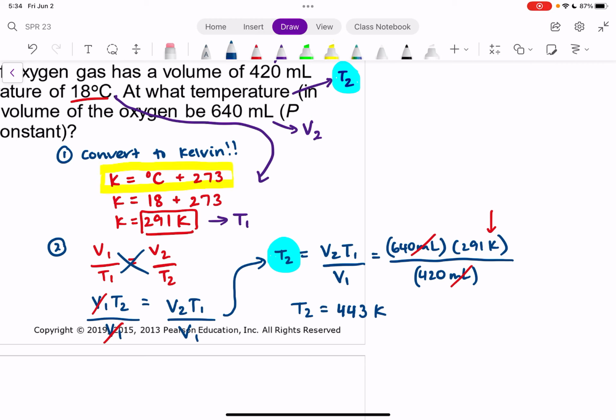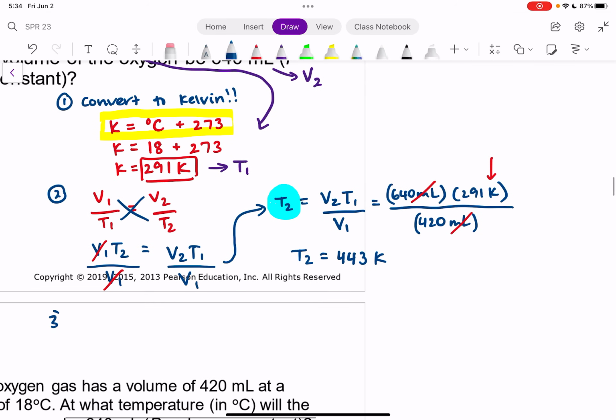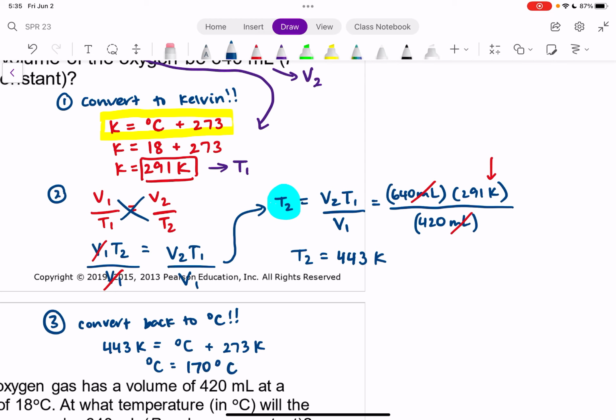So let's make a step 3 here. And we'll say convert back to degrees Celsius. Okay, so we have 443 Kelvin equals degrees Celsius plus 273 Kelvin, which is 170 degrees Celsius.